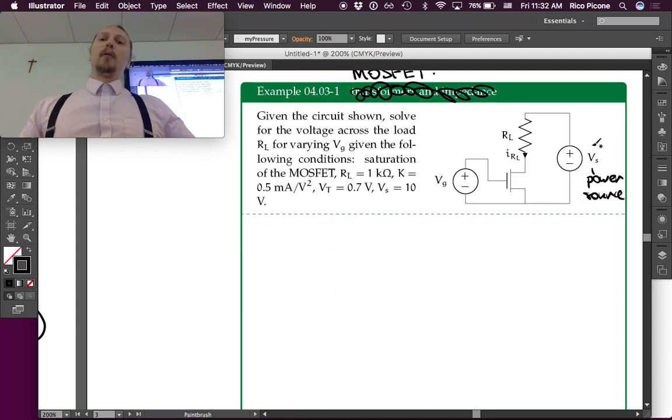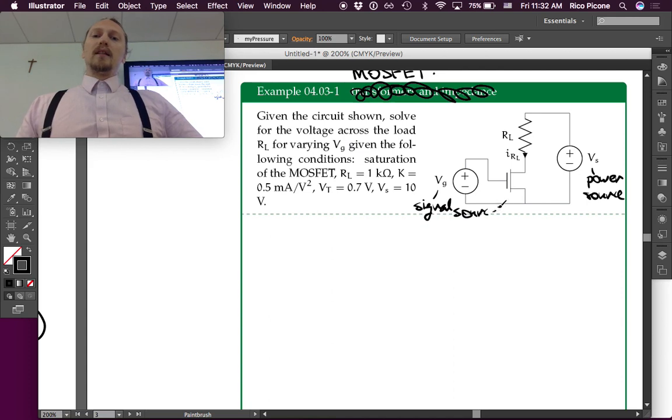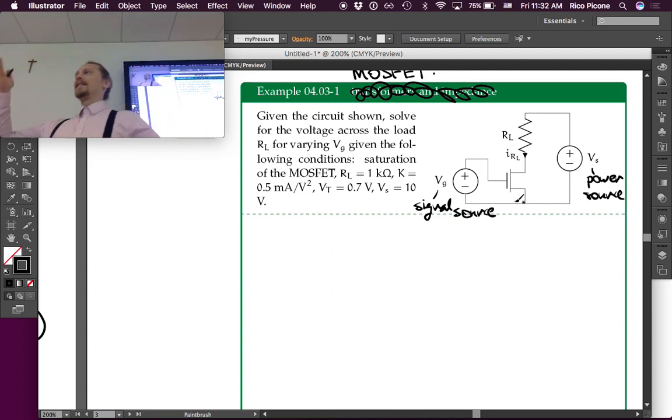Okay? We want to control how much that source delivers to this load with what we could call our signal source. Signal has this connotation that it can't provide a lot of power. You can change it easily, but you can't deliver a lot of power with it.